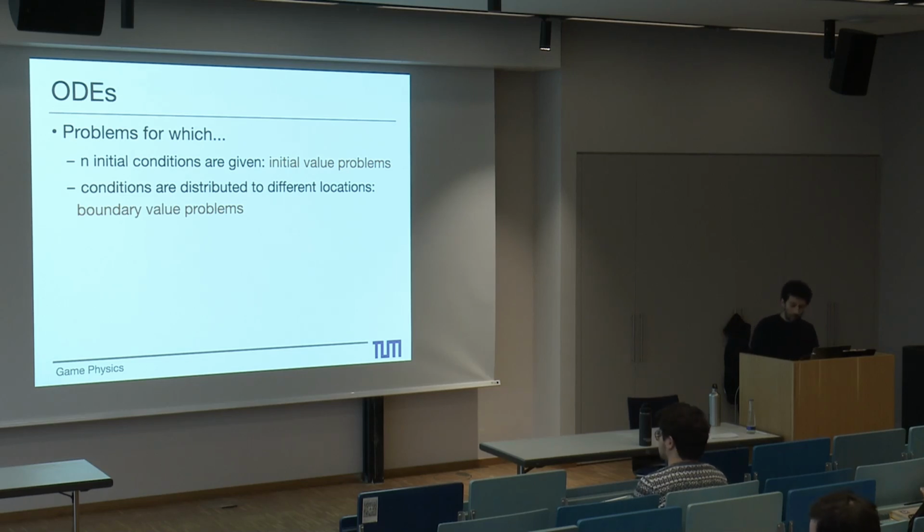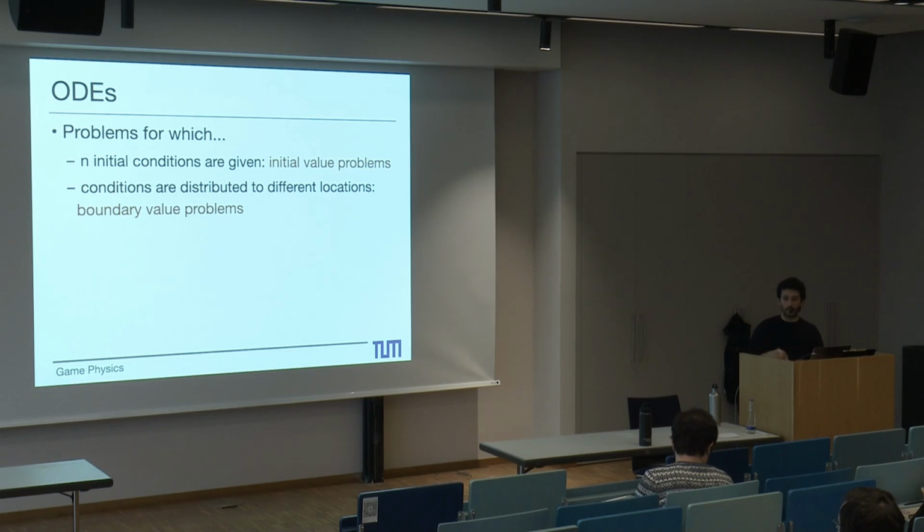An example that maybe can help you is assuming that I'm standing here and I'm shooting a projectile with a certain velocity at a certain position, and I want to know where my projectile is ending. This is an initial value problem.